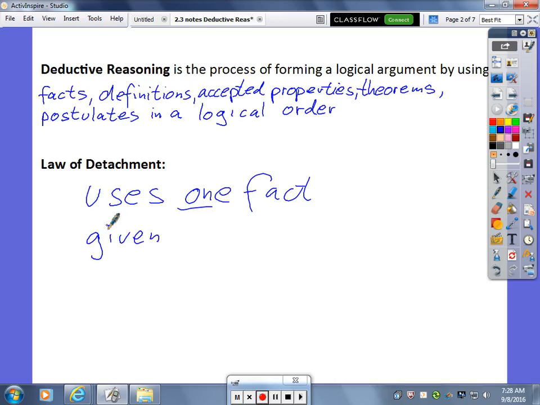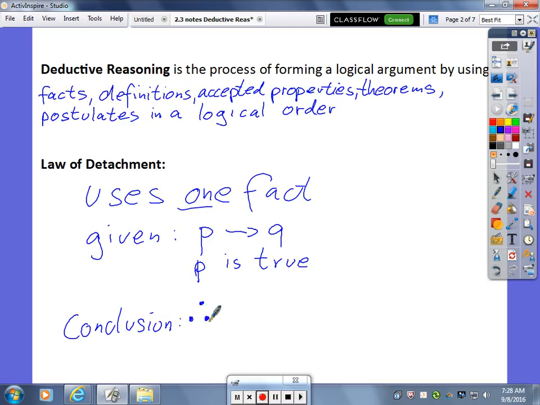Given: if P, then Q. P is true, and the conclusion of that is, therefore, remember we use our three dots arranged in a triangle, therefore Q is true.